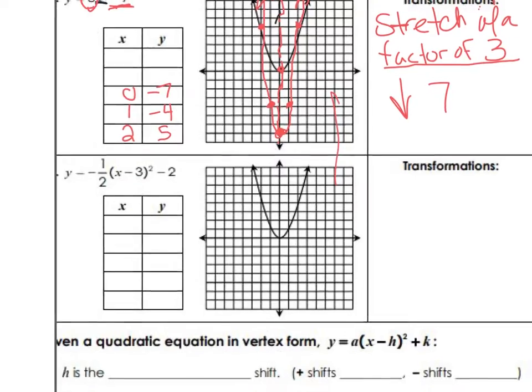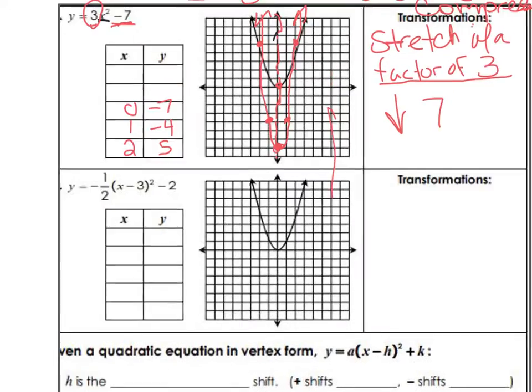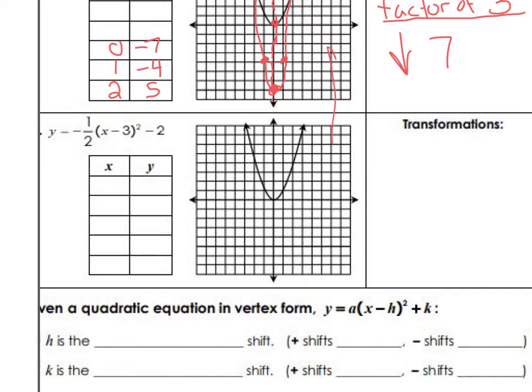Alright. Now, ooh, look at here. This one's got everything going on. Alright, first off, we got a negative. A negative means that it reflected, or flipped, over the x-axis. Okay, so it's going to flip over the x-axis. All right, the 1/2, that's a fraction.